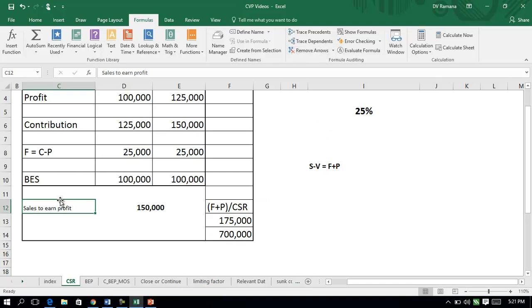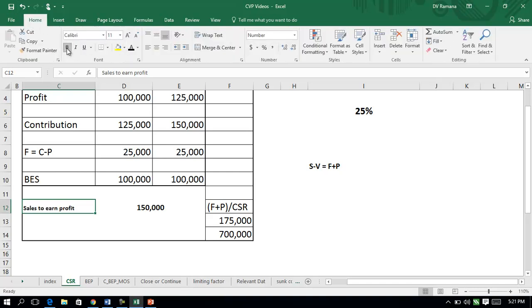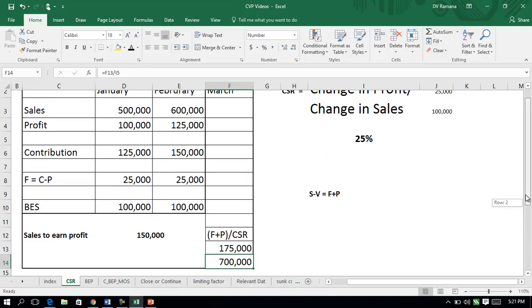Of course, whether the company can actually make this profit or not depends on the sales. Hope that the company is in a position to sell 700,000 in the month of March.